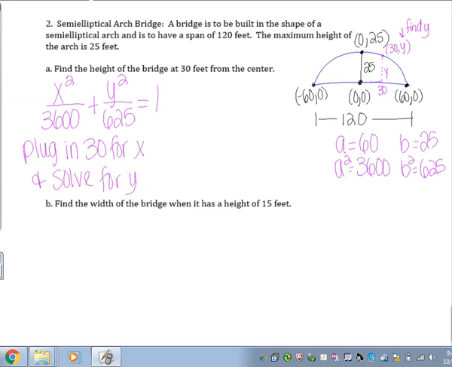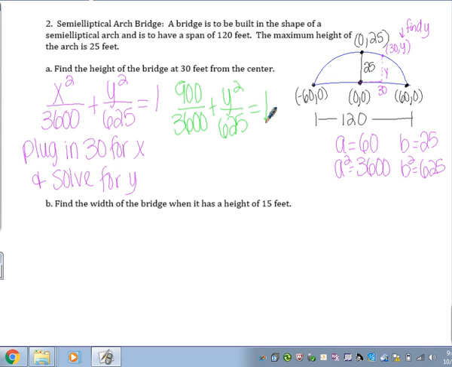All right, and you're going to want to keep it exact until the very last calculation so that you get a good answer. So I have 30 squared, which is 900, over 3,600, plus y squared over 625 equals 1.